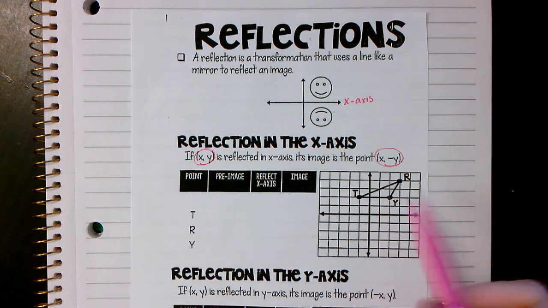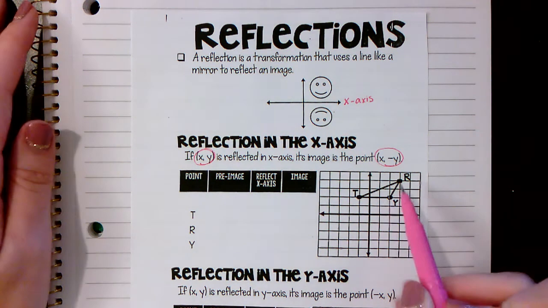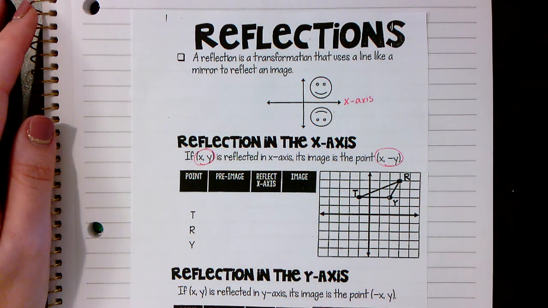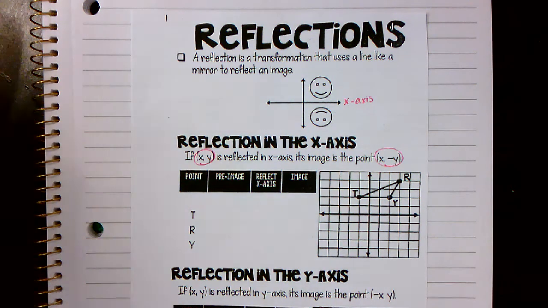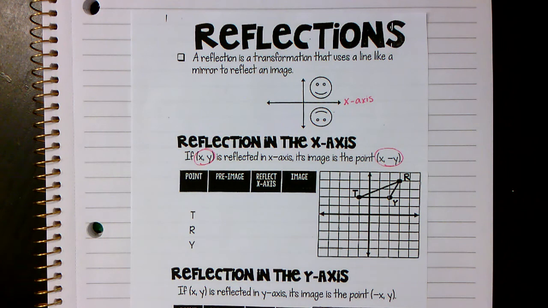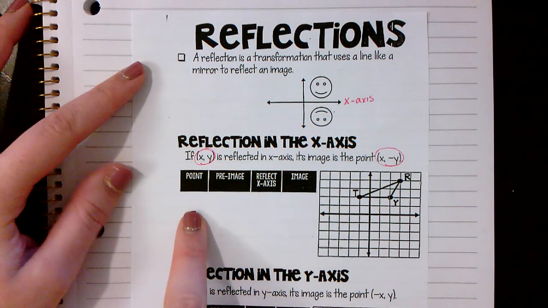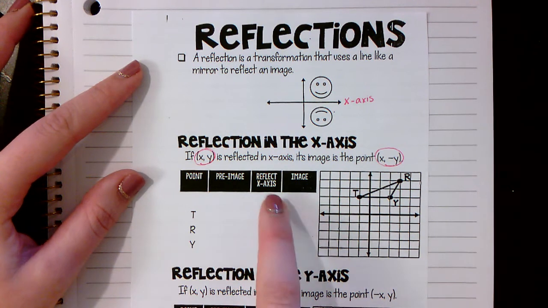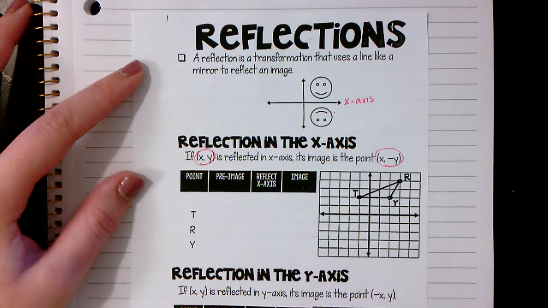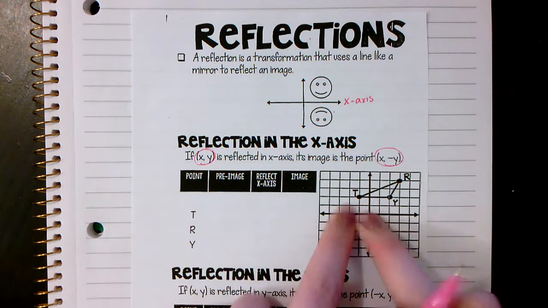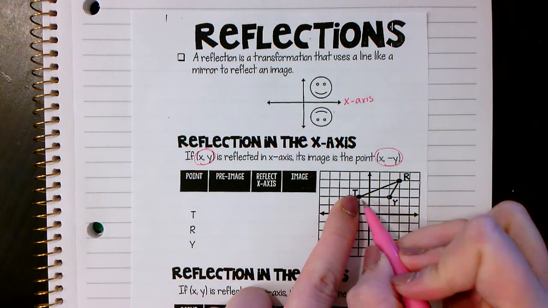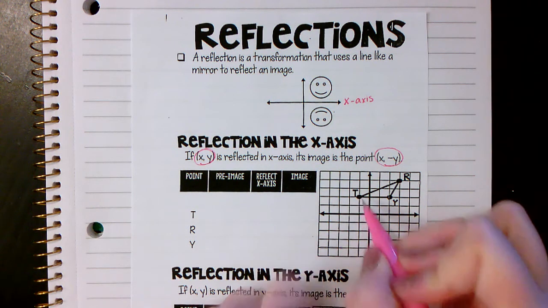So let's look at the shape they gave us here, this image right here. Remember, before you move an image, it's the pre-image. After it's been transformed in some way, it's the image. And we notate that with the letters for each point, and then the letters prime once it's been moved. So let's look at point T. T is right here. Let's find what that ordered pair is. So that's (-1, 2).